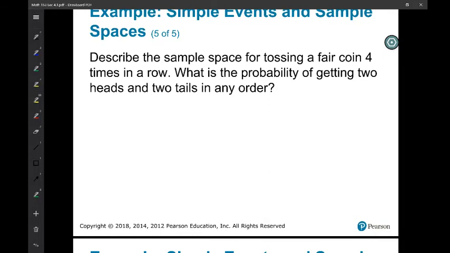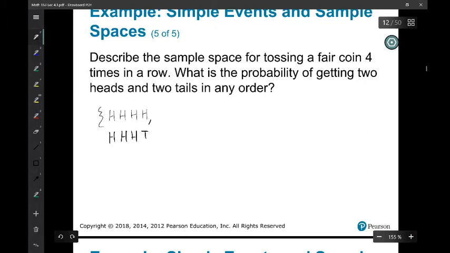Describe the sample space for tossing a fair coin 4 times in a row. So what is the probability of getting 2 heads and 2 tails in any order? Well, let's start off with getting 4 heads in a row. And then we could get 3 heads and a tail.